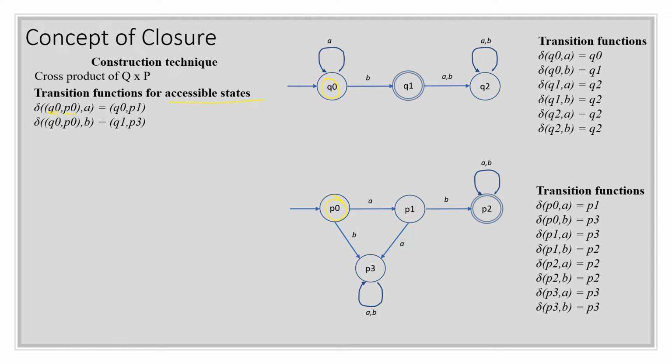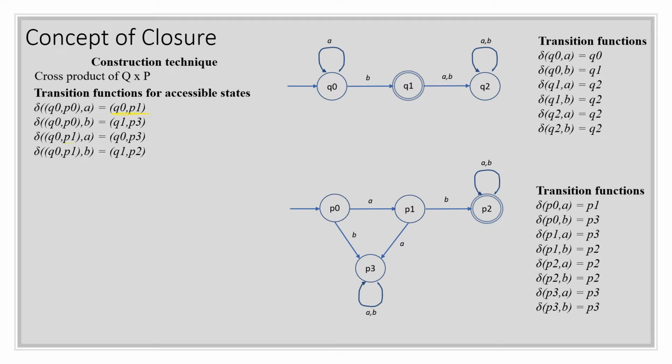Q0, P0. Q0 with an A is going to stay in Q0. P0 with an A is going to go to P1. So I'm just going to go quickly through this, and then I'm going to go through each one slowly one by one. So we have Q0, P0, then we have Q0, P1, because we went to Q0, P1.